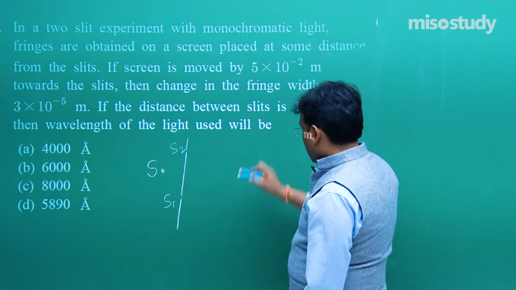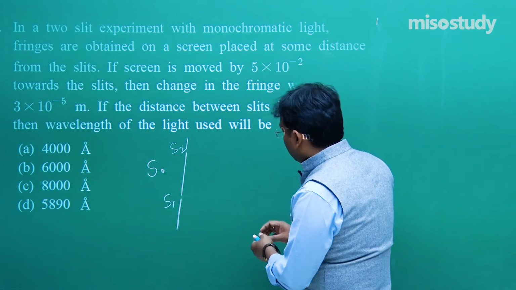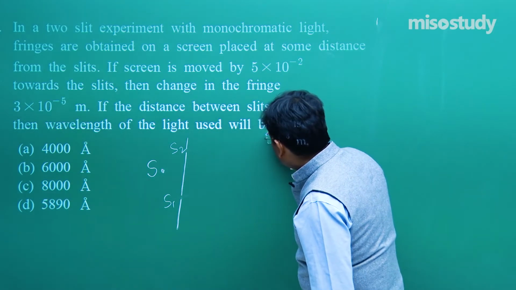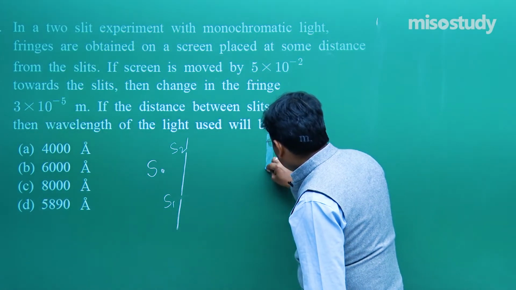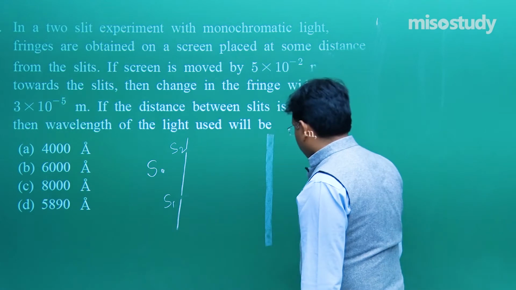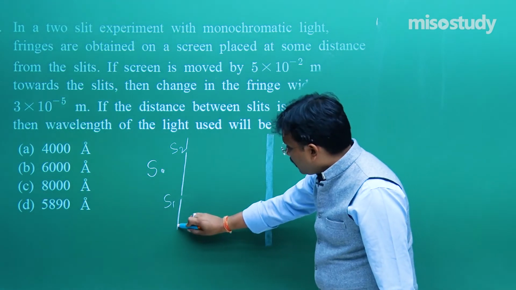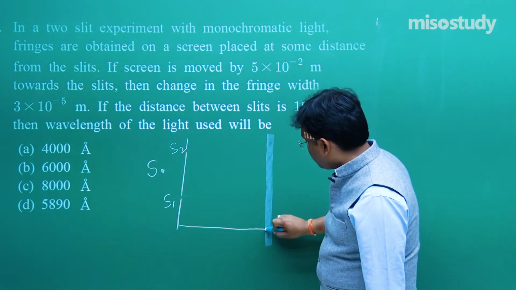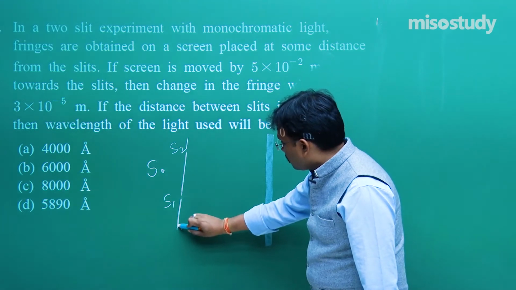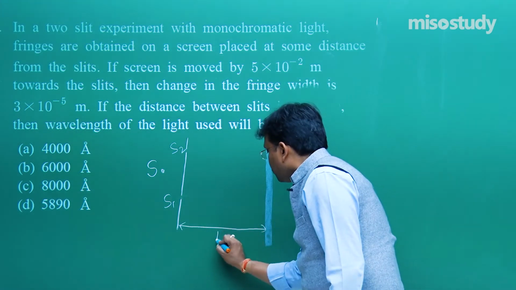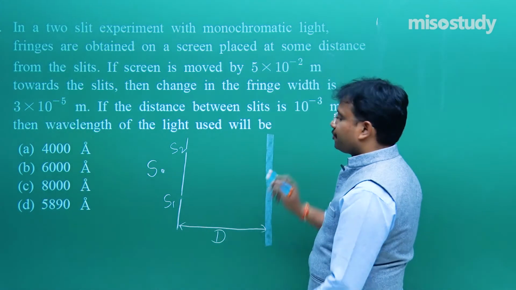And after that, the screen is placed like this, and this gap is capital D. This is the screen.